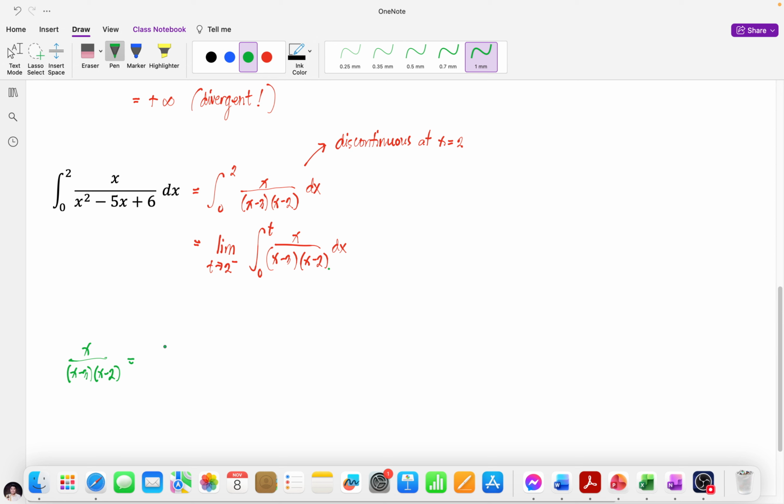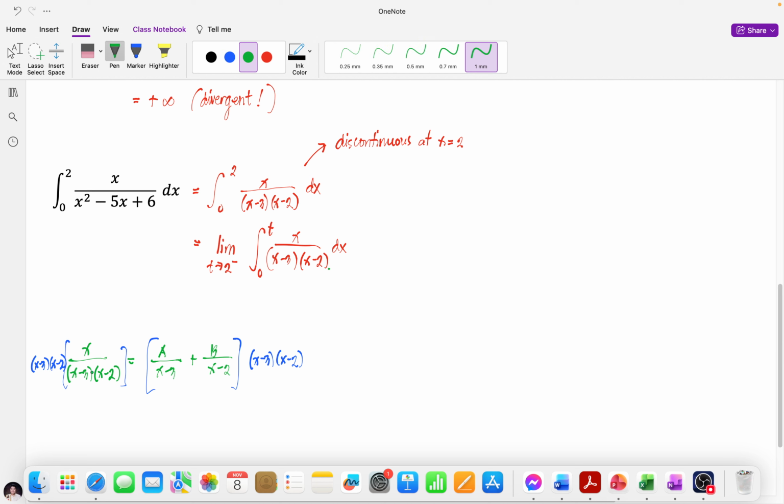Since we have linear factors, that is A over x minus 3 plus B over x minus 2. Now simplifying, eliminating the denominator, we will just multiply everything by x minus 3 and x minus 2.